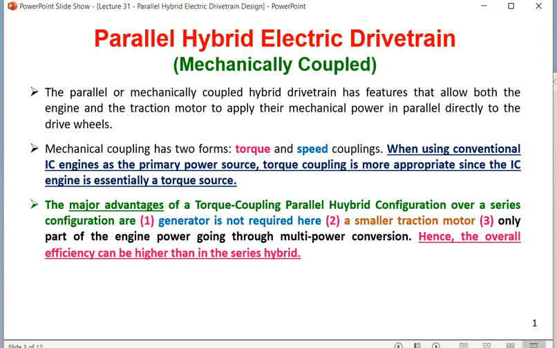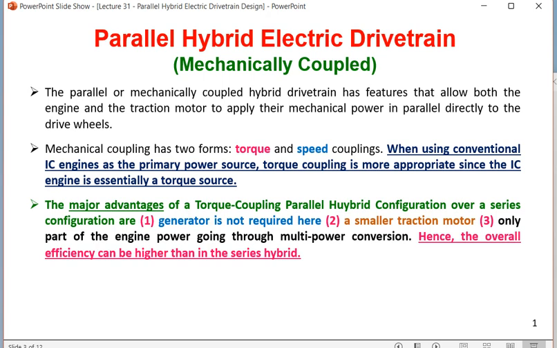The major advantages of a torque coupling parallel hybrid configuration over the series configuration: number one, a generator is not required in the parallel hybrid configuration. This is the main improvement compared to series hybrid, so one extra component is removed from the whole drivetrain.